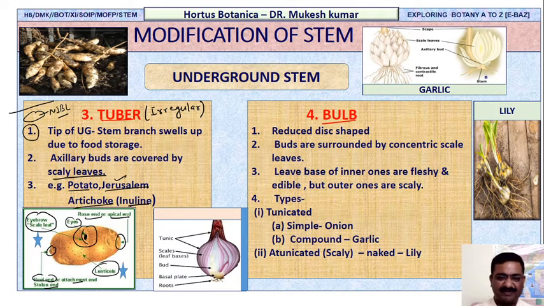Now I would like to explain what happened. In fact, see, if you take that very surface having an eye, these are the eyes, and you put it in the soil, that very surface will grow like that, and this growing structure appears very similar to a stolon.